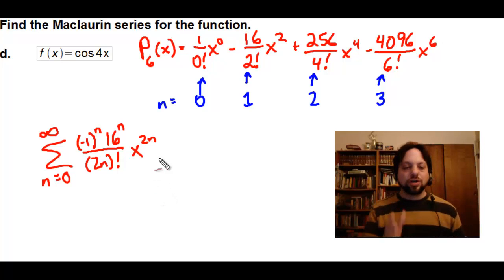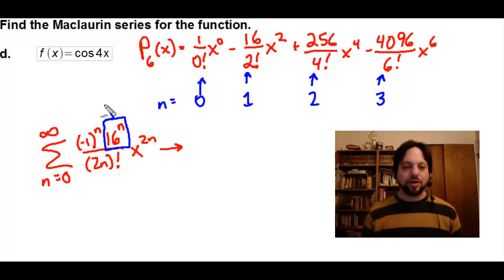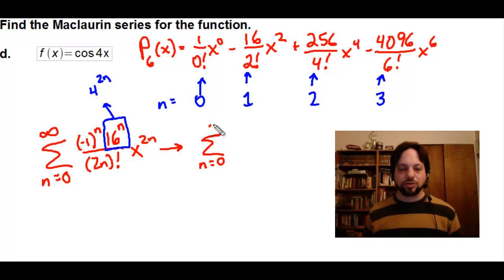Now, we could write this a little bit differently. If you think of 16 to the nth power as 4 to the 2n power, then there's something we can do with the 4 to the 2n and x to the 2n. Let me just show you this, because it could show up on a multiple choice question, and if you don't recognize it, it will get you.